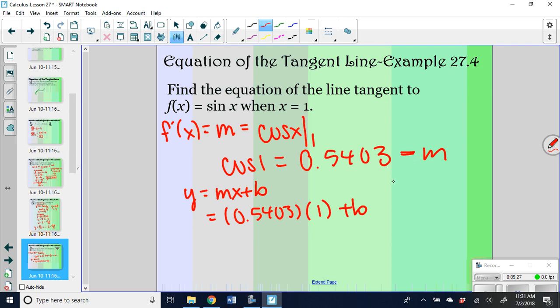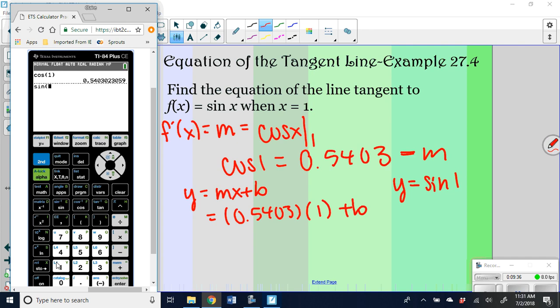How do we find our y value? Well, y equals the sine of 1. So again, you're going to use your calculator. The sine of 1 is 0.8415.